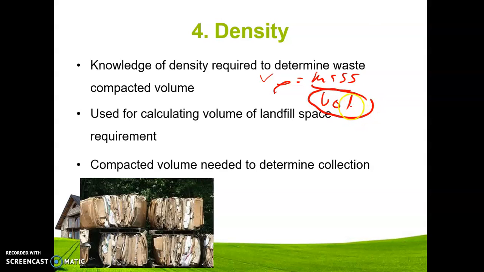In this diagram you can see space-consuming materials such as boxes and plastic bottles. In this figure, boxes are being compacted into a smaller volume so that more waste can be put into the same location.